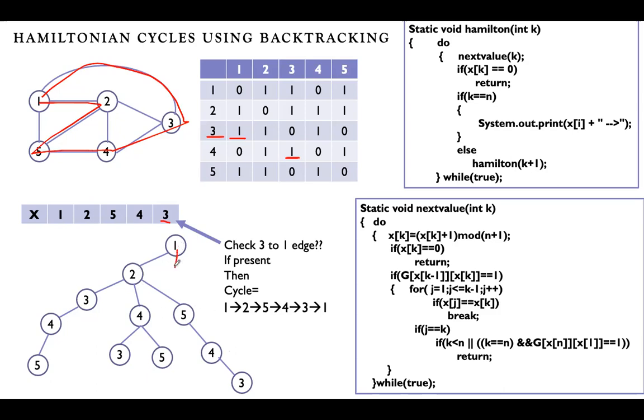Next from 1 to the third vertex, backtracking, it will go back. It will start from 1 to 3, 3 to 2, 3 to 4, 3 to 5, and check all possible combinations. And then 1 to 4, and then 1 to 5. So it will perform all the checks in that fashion.